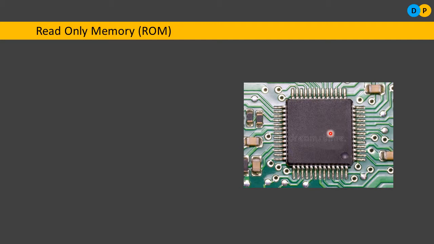So why is it necessary? Why do you need a ROM chip on our motherboard or in our computer? A very important thing to notice here is that whenever we switch on our computer, the computer will make certain tests referred to as POST, power on self test, and it will make sure whether all the hardware devices are connected properly or not.